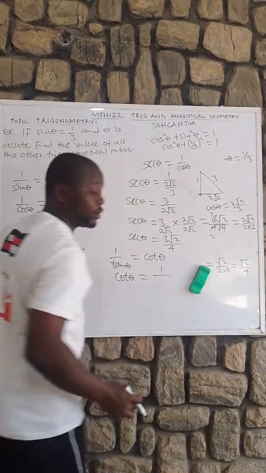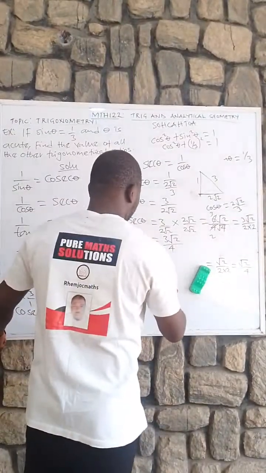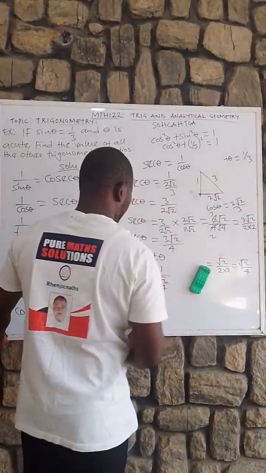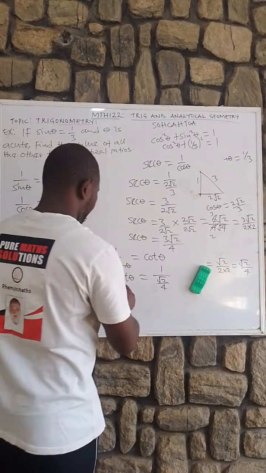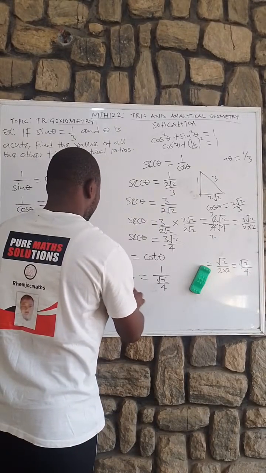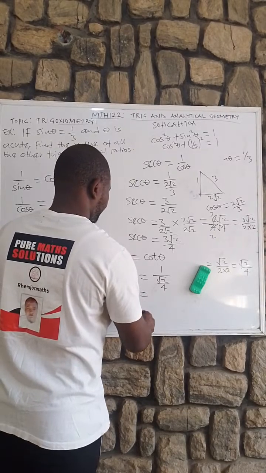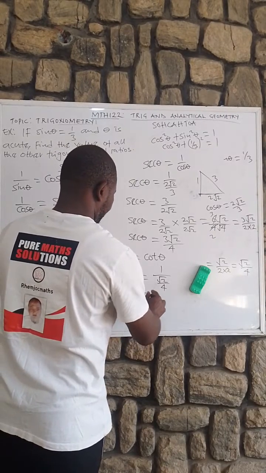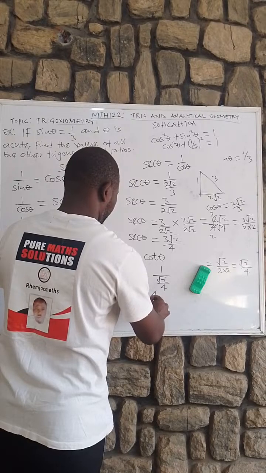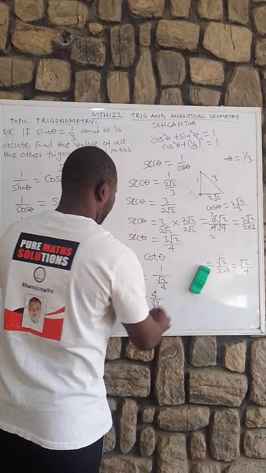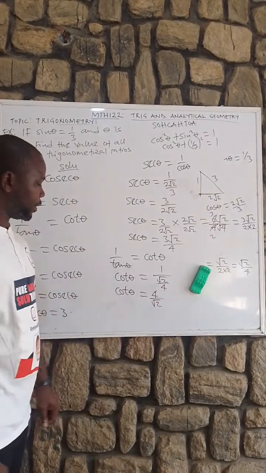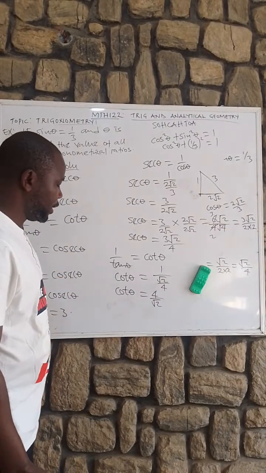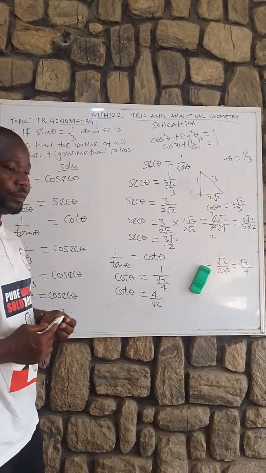What is tan? Root 2 all over 4, right? True or false? So what do we do? Here will now be 4 all over root 2. Then because of the surd, you rationalize. When you rationalize, what are you supposed to have?